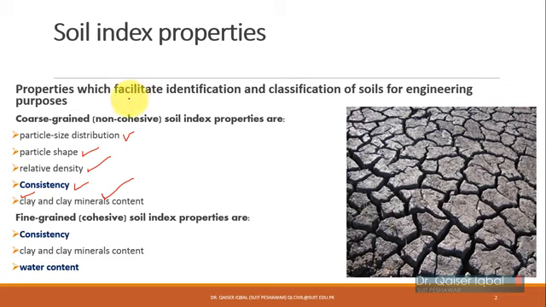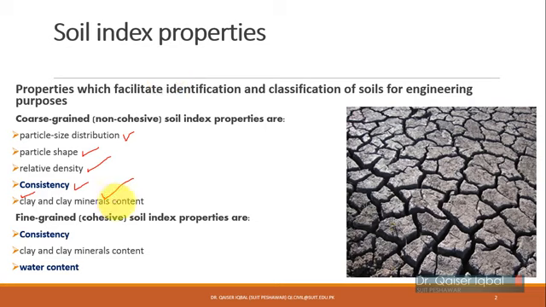A clay sand will be different from sand, because in one you have clay, and the clay will affect the engineering properties of that soil. So sandy clay or clay sand will be different from pure sand. That is why, based on clay content and clay mineral type as well, one soil can be different from another.